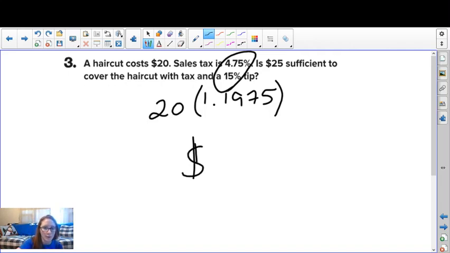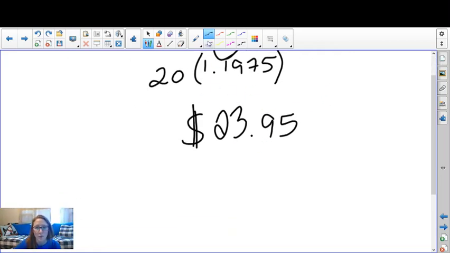And I come up with $23.95. So would 25 bucks be sufficient?